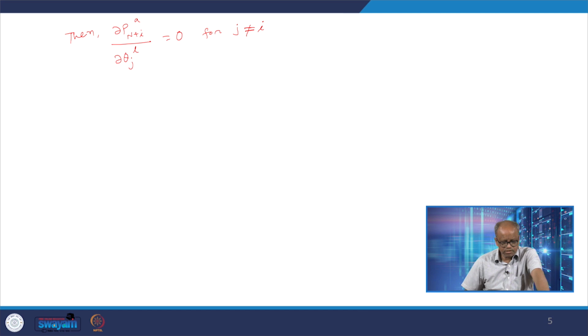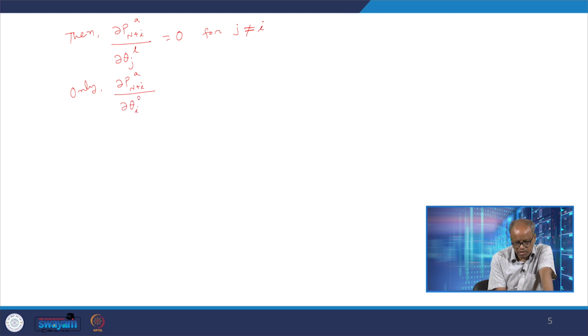And it will only exist, only the terms which will be existing are del P n plus i a by del theta i a, del P n plus i a by del theta i b and del P n plus i a by del theta i c.